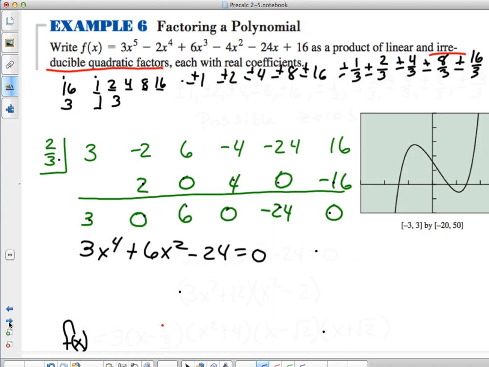Well, I've got 3. I'm going to pull a 3 out to see if it helps me factor. Okay, it's not a really great 8, but I got 8 in there.